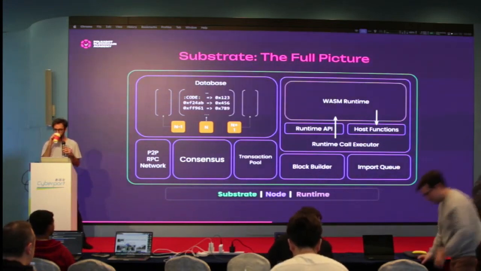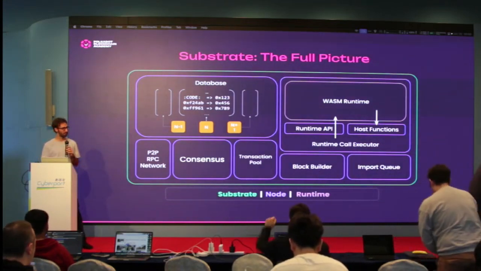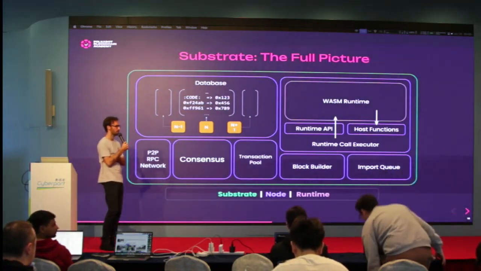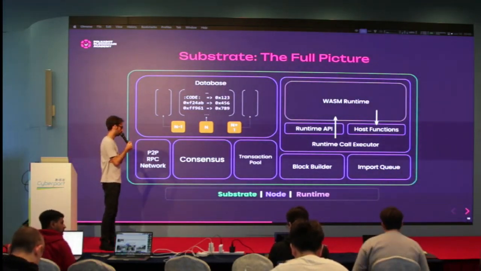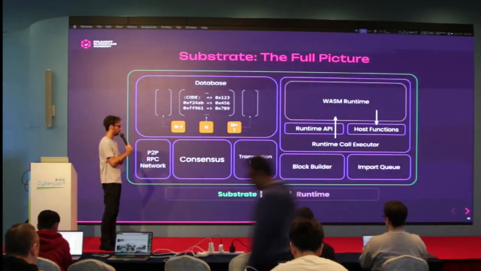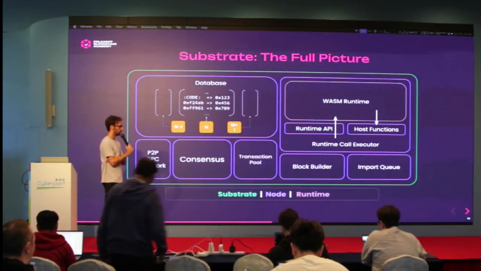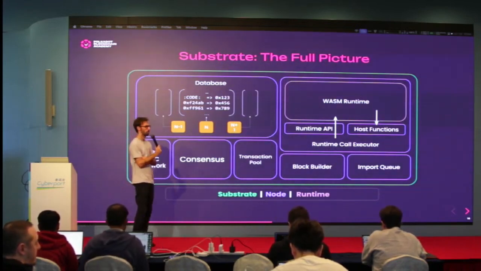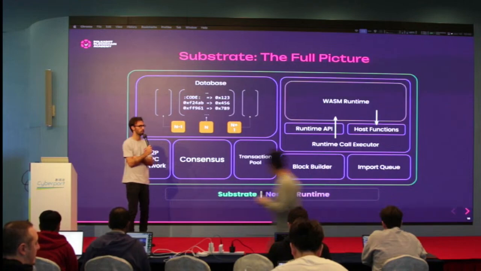I have a couple of questions, but one of them is regarding upgradability. Every author of the block can put his own code, right? Yes. And then how could all other participants of the network validate it?